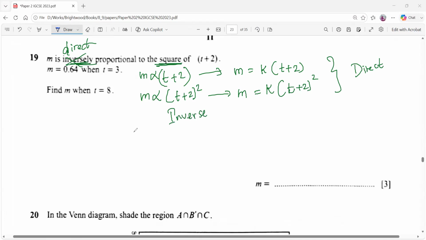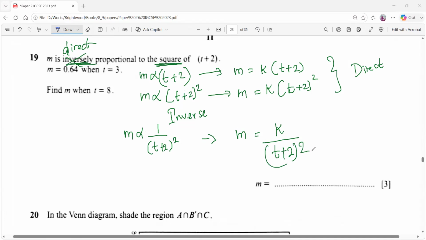How to write it? Do you remember the gradient from before? It's also inverse. You can write m is inversely proportional to 1 over t plus 2, but also squared. So 1 over t plus 2 squared. So you can write m equals k times 1 over t plus 2 squared. Here is the equation you have to follow.